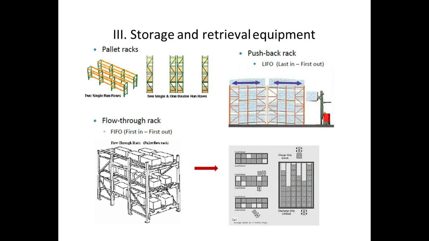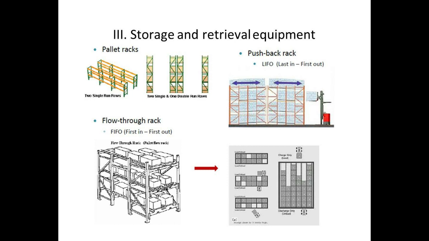Flow through racks. So flow through racks are basically, you flow the load at one point, and it takes its path and then goes to another location. Let's say, for example, if you are pushing the material here on top, it will go to another chamber and then another chamber, and then at the bottom of the chambers you can collect it.